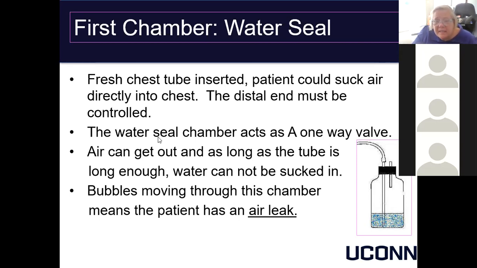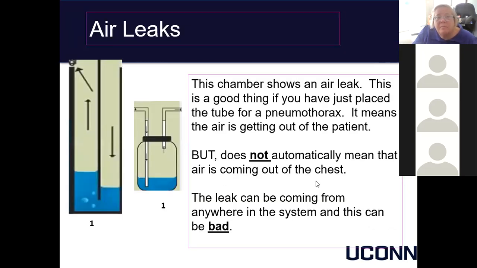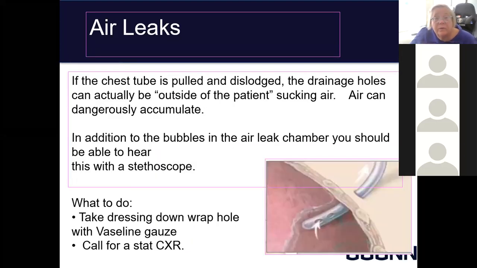If the chest tube has become dislodged, you may be sucking air from the environment because it's not far enough into the pleura, into the pneumothorax. But in general, if you're sure the tube is positioned correctly, an air leak is a good thing. And over time, the air leak should lessen because there's less air to suck out, if you will.